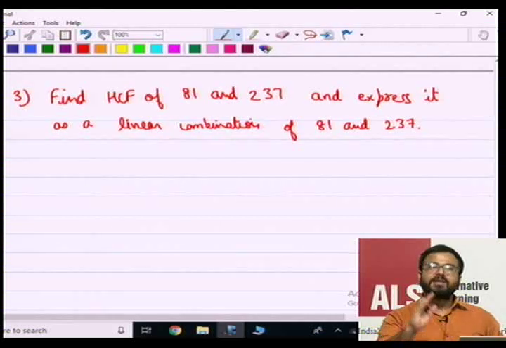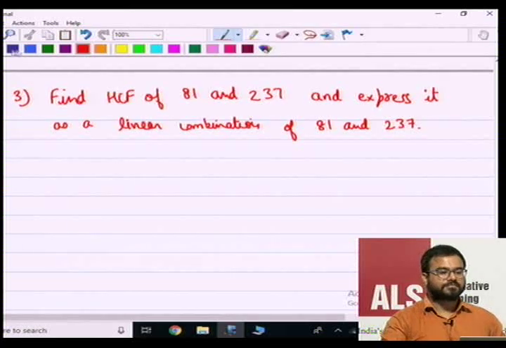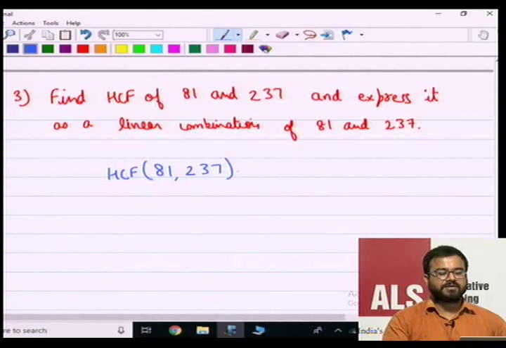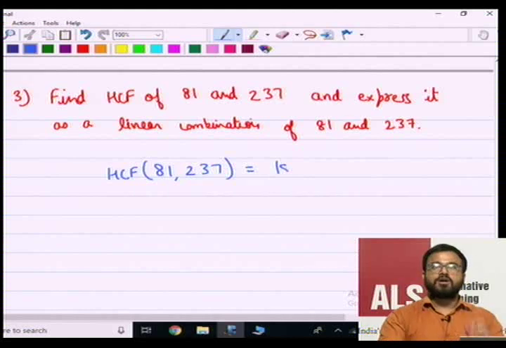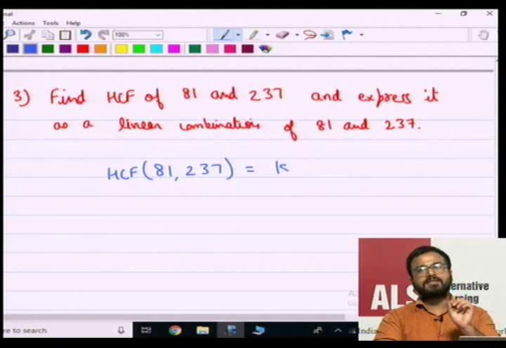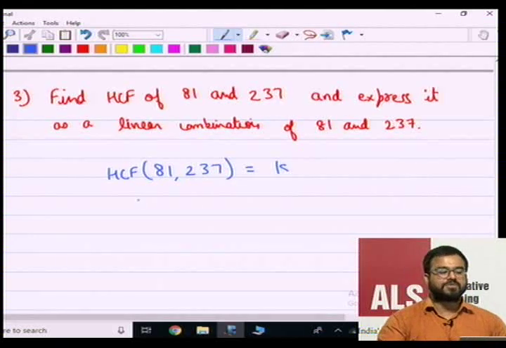Now what do you mean by linear combination of 81 and 237? Let's say the HCF of 81 and 237 you are getting as K. Now K should be represented as a linear combination of 81 and 237.